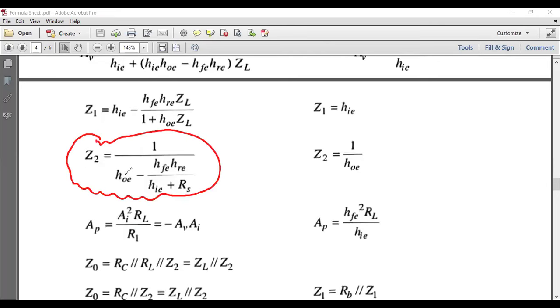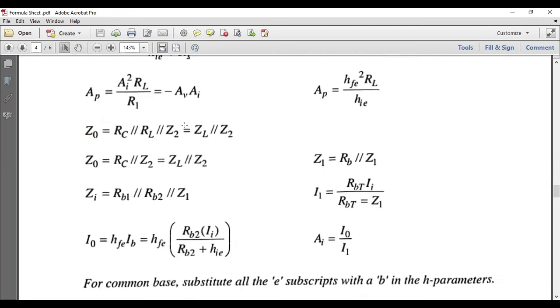This is of the transistor only. Then we talk of the Z out of the entire stage. They gave you also that. This one, Z out of the entire stage. So on a condition that we are considering RC and Z2 only, we're going to take this formula that Z out is ZL parallel to Z2, where ZL is our RC.